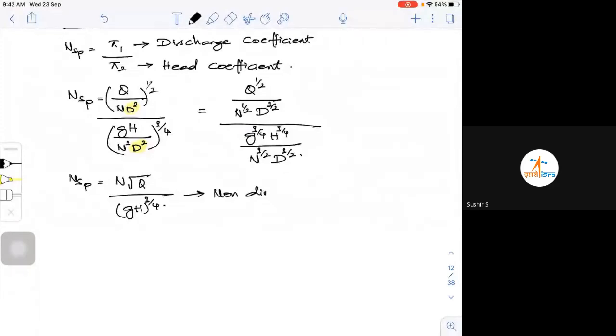This is also a non-dimensional specific speed, because your NSP will be in radians, so this N also will be in radians per second.